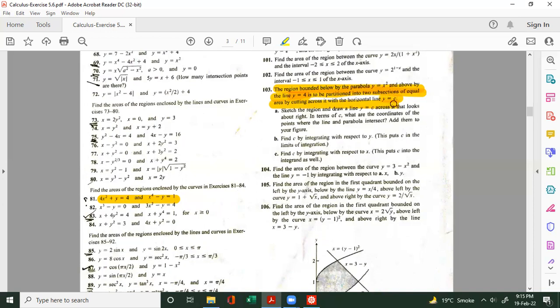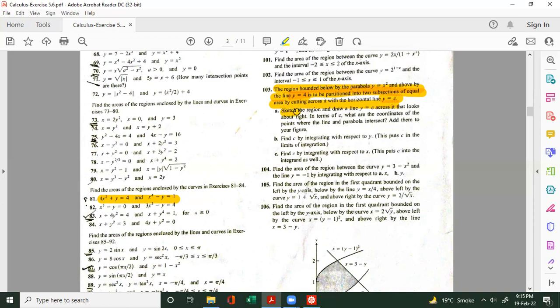That means you need to draw the line y equal to c on the region bounded by y equal to x square and y equal to 4 in such a way that it divides the area into two equal sub areas.